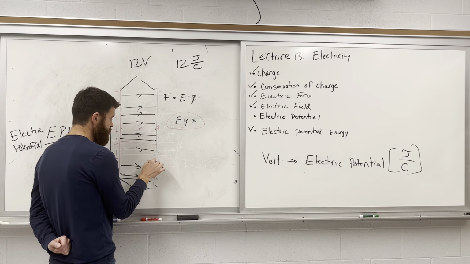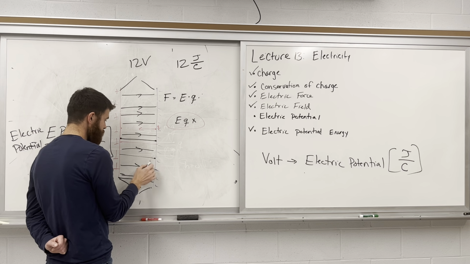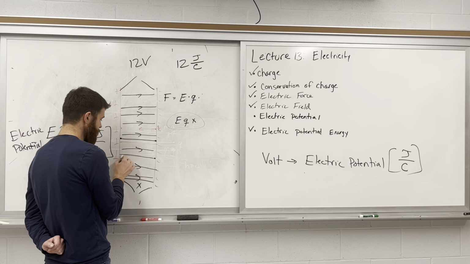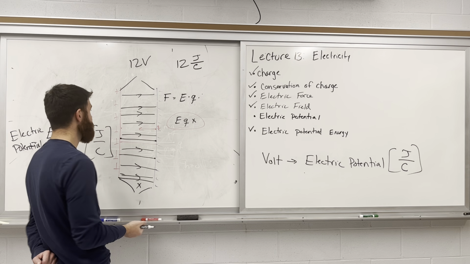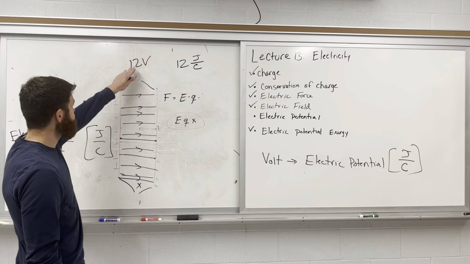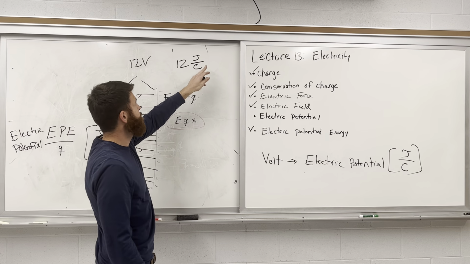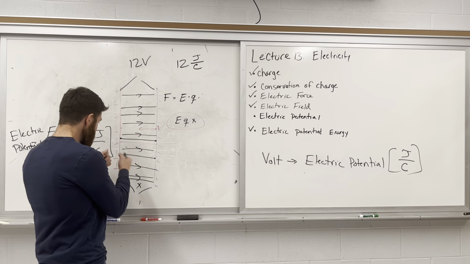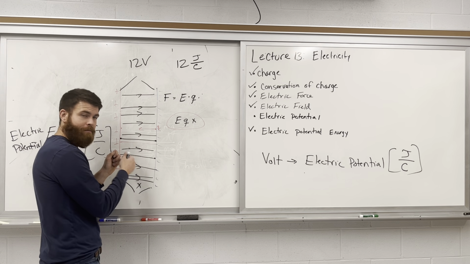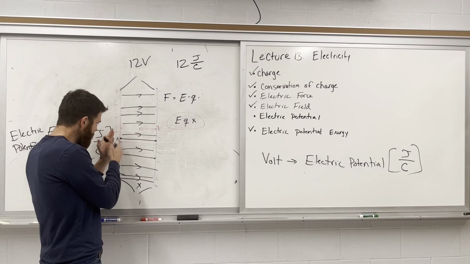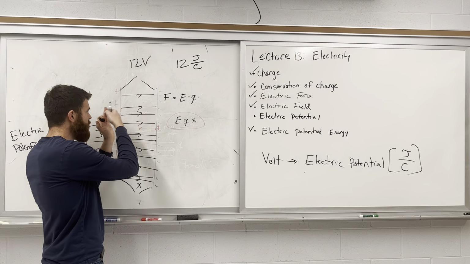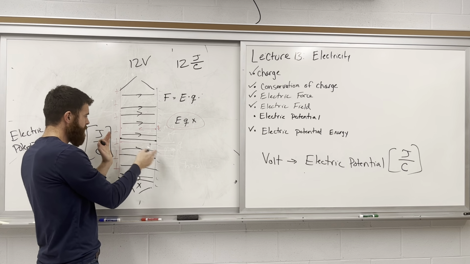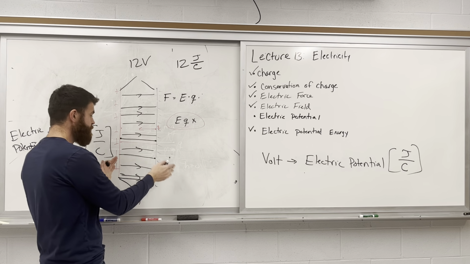Likewise, if it was a negative charge, it would have 12 joules of potential energy, and by the time it got here, it would have 12 joules of kinetic energy. So volts is the amount of potential energy per coulomb of charge. And so the larger the voltage, the more potential energy, right? The more potential, the more that the electrons or the protons can be sped up.